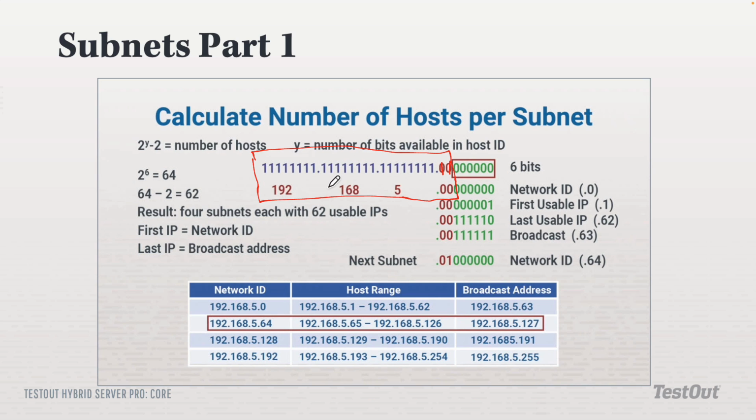What is our CIDR notation for this subnet mask? To get CIDR notation, we're counting the number of 1s that are in our subnet mask. So how many is that? We know that at each one, there's 8. So 8 times 3 is 24, plus 2 is 26.